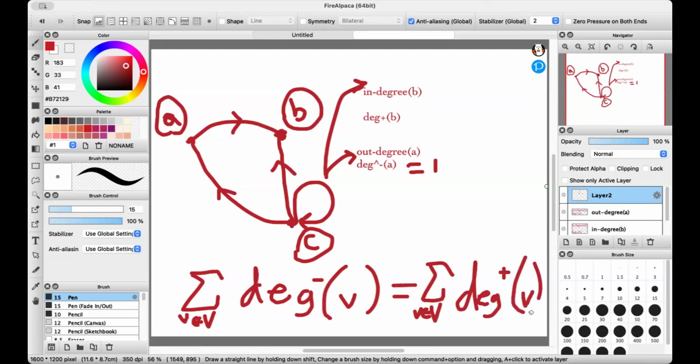Oh, and this is also equal to the number of edges in the graph. This definition only applies to directed graphs though.